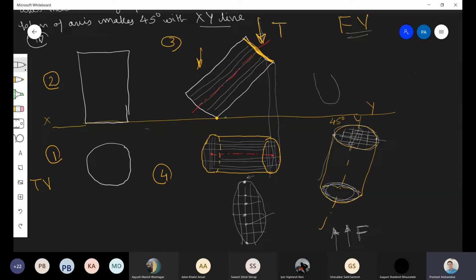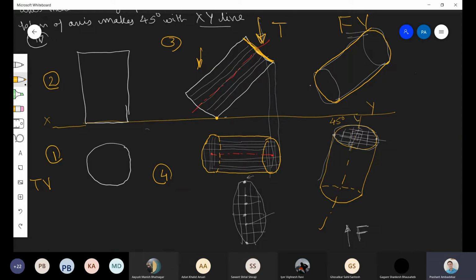Here you will get a cylinder like this, out of which these lines will be dark. This will be dark by default. This will be dark by default. And this will be dark by default because these are the outer periphery.